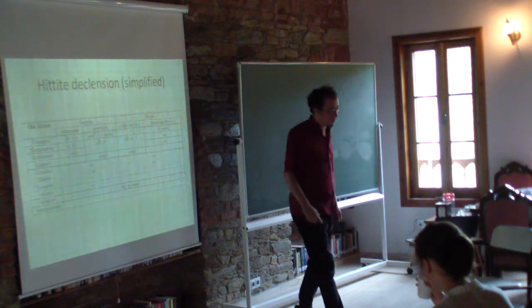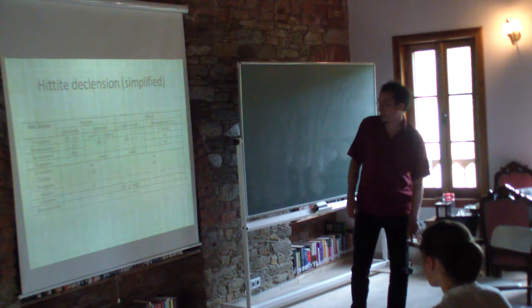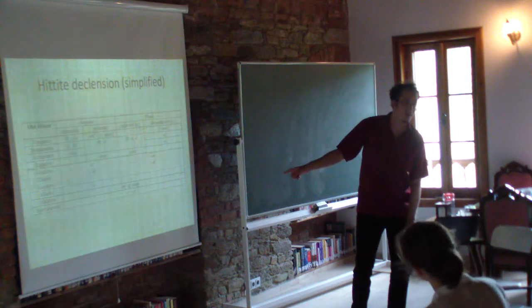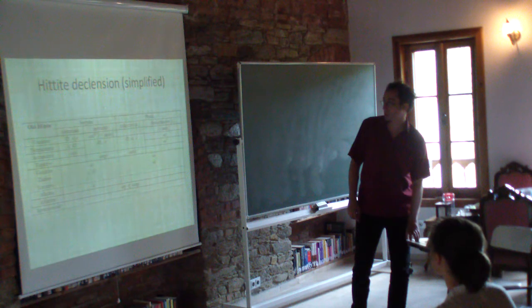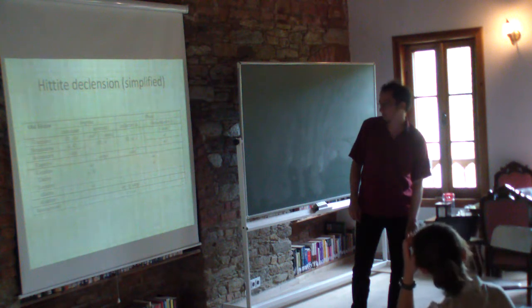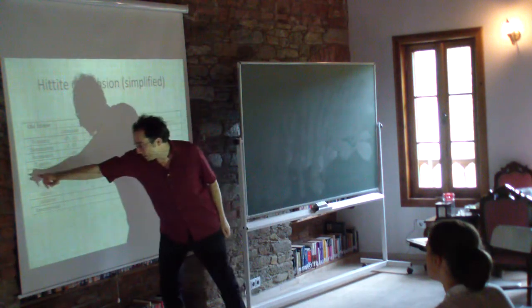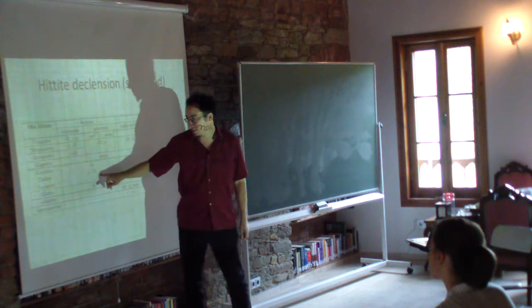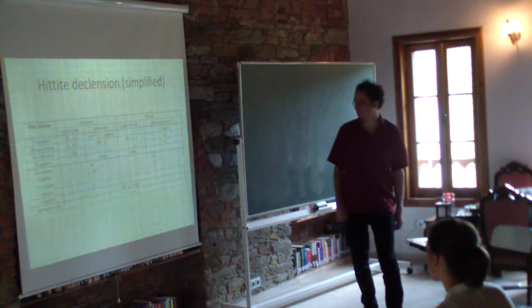These are all important features from an Indo-European point of view, because they lead to the question whether something was lost here, or the other Indo-European languages innovated something. Genitive, dative, and locative are grouped together.